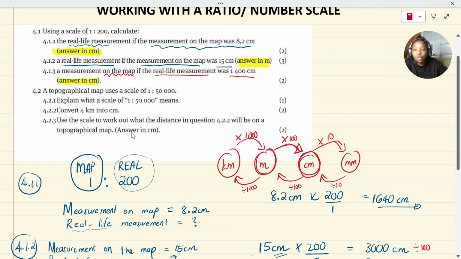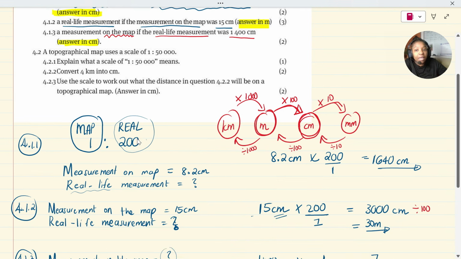It says to use the scale to work out what the distance in question 4.2 will be on a topographical map. So now in this question, they're asking us to use the answer that we obtained here. Remember, we got that answer of 400,000 centimeters.